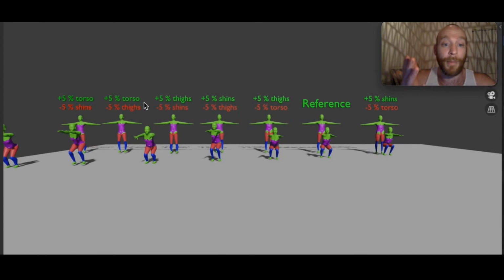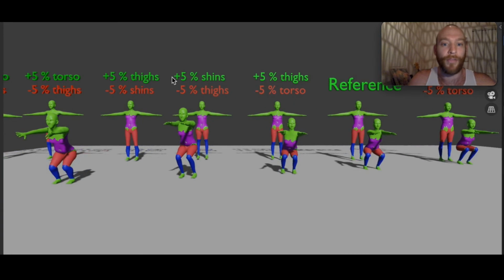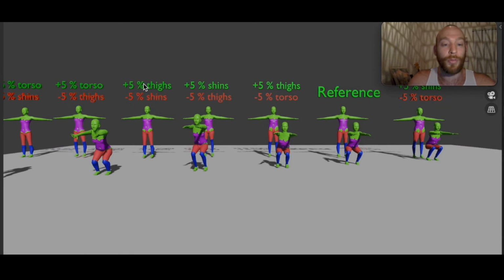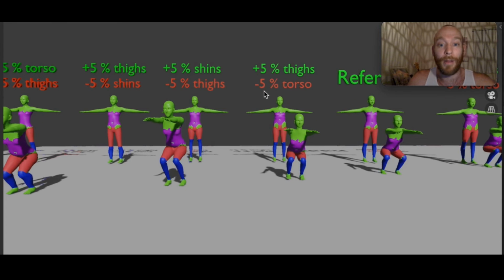What's kind of surprising about this is that I always heard about long femurs, right? So if I look at these +5 thighs, I would have expected those to be all the way on the left. But actually, when we do +5 thighs but -5 torso, that torso factor is lessening and is still facilitating a good squat.